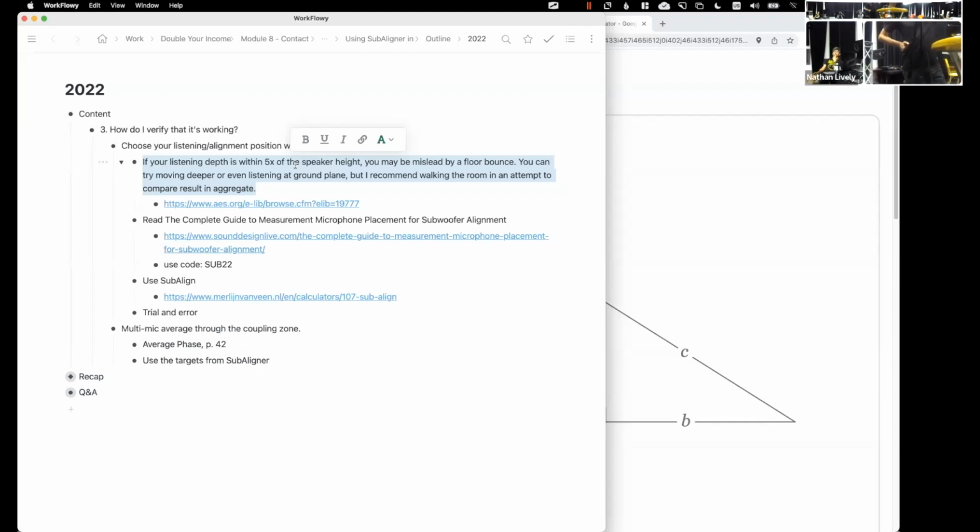Yeah, that's right. Then if you're within that distance, then it is likely that there will be a floor bounce that will mess up your listening because it's going to bounce right into the area where you're trying to listen to, right in that crossover region. So if you have the opportunity to, you might move farther away and try to get out of that region.